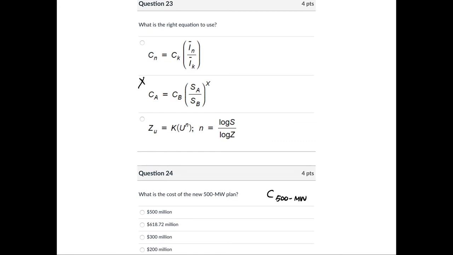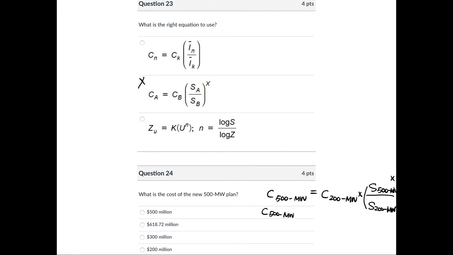Okay, so that's for the 500 MW plant. C_B is the one which you know the price. This is the cost for the 200 MW plant, times S_A, the size of the 500 plant, over the size of the 200 plant, to the power of X.